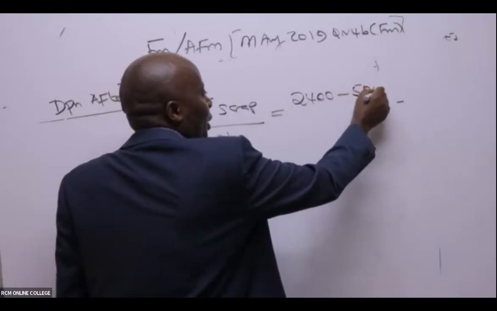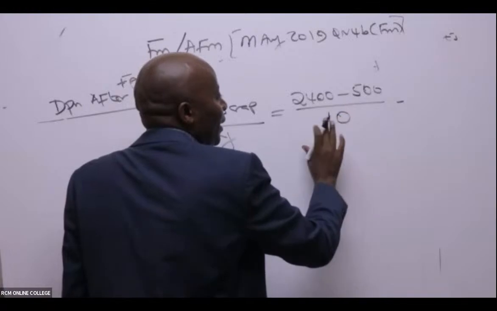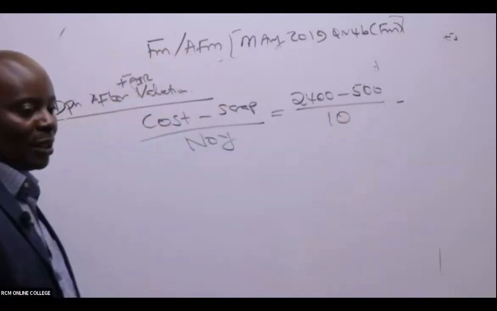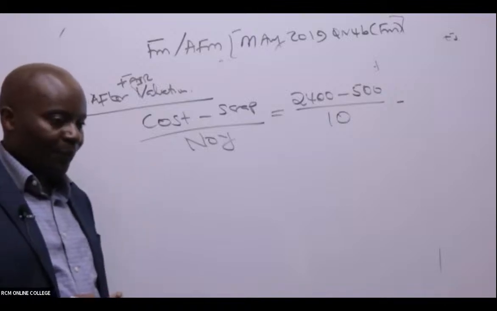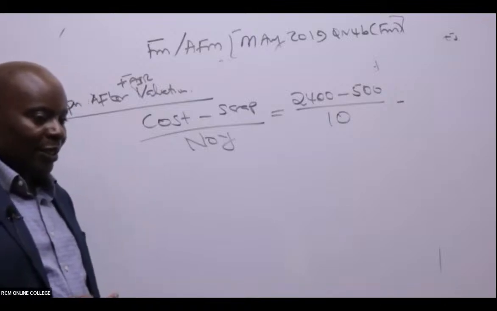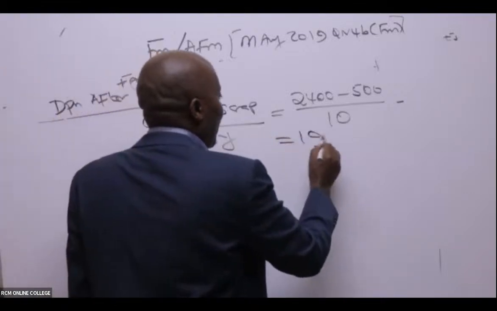Scrap value is 500, divided by the number of years, these additional years, they are 10. So is there somebody who is able to give me this figure? 190, right? They're giving me a figure of 190.